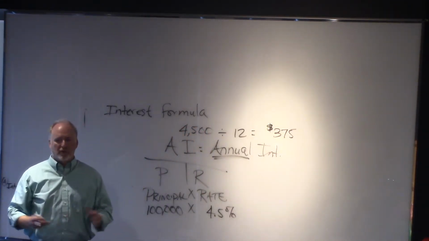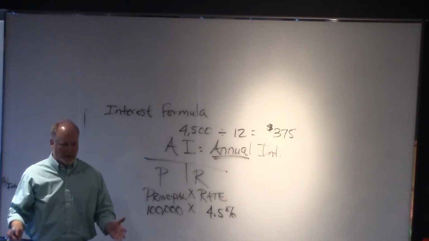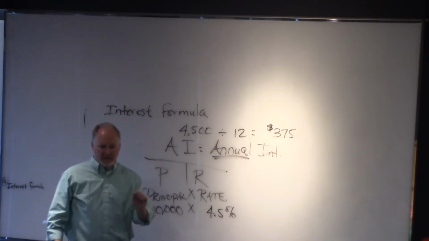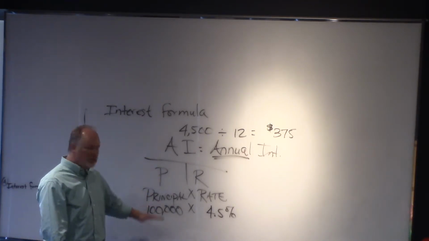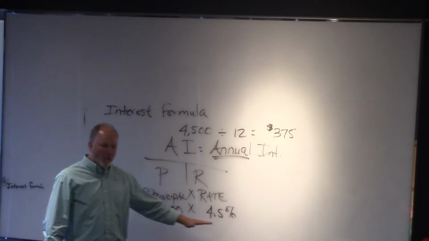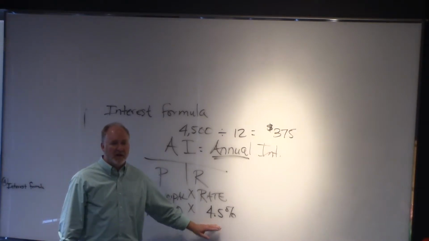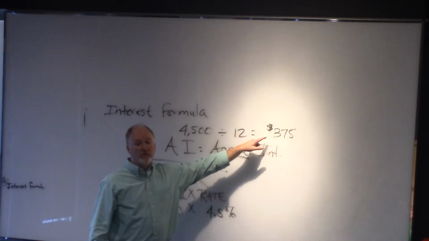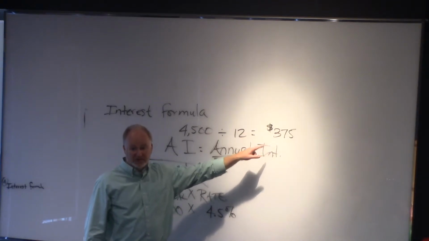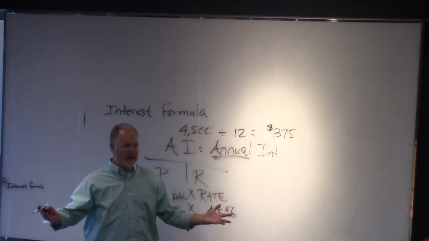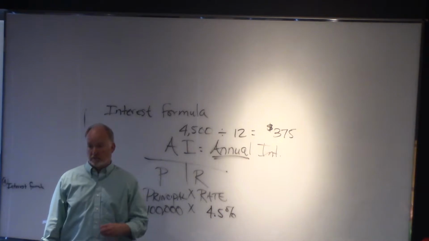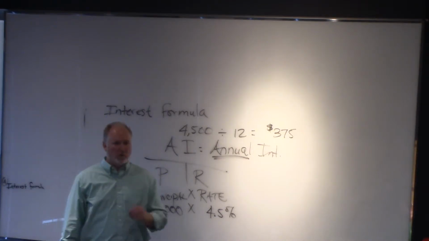And you say, well, okay, Chris, that's great, but what did we learn? What we learned is, in a month that you owed $100,000 at 4.5% interest, $375 of your monthly payment went to just interest, just to pay the bank for the money that you borrowed. Okay? And that's where we're going.